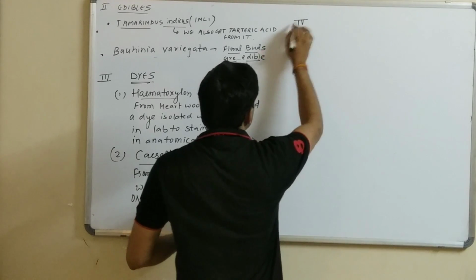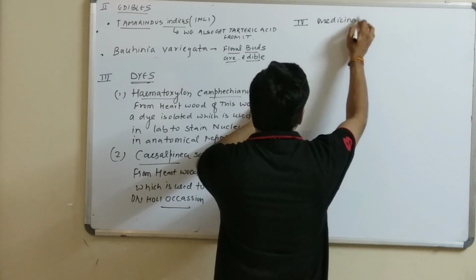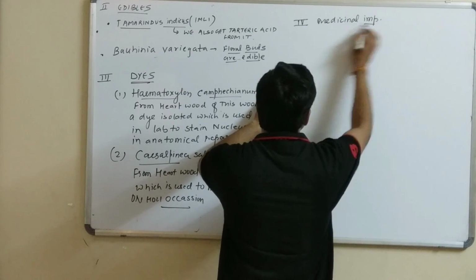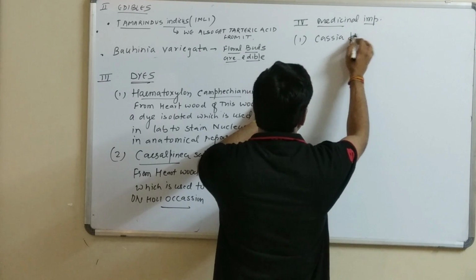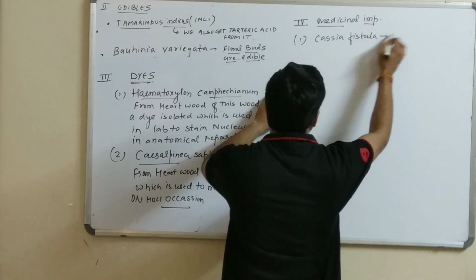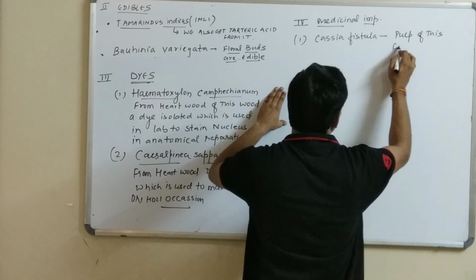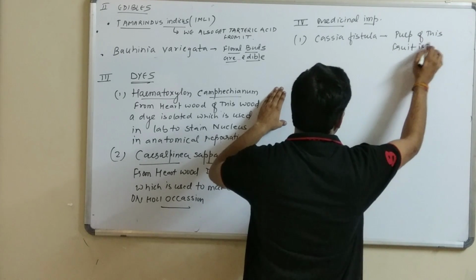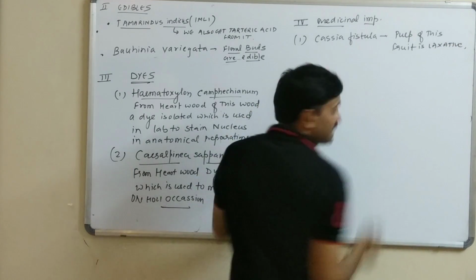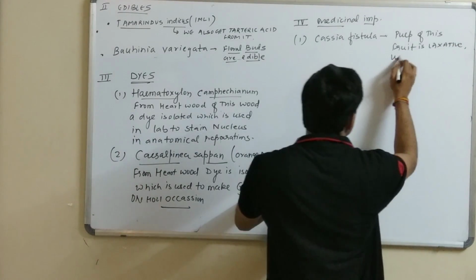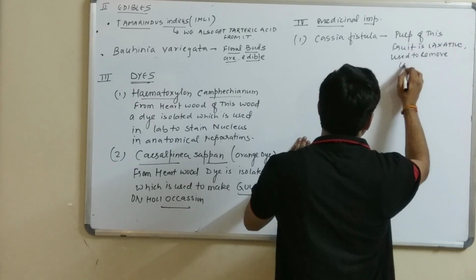Next we are coming to the fourth point, the medicinal importance of this family. The very first is Cassia fistula. The pulp of this fruit is laxative and is used to remove constipation.